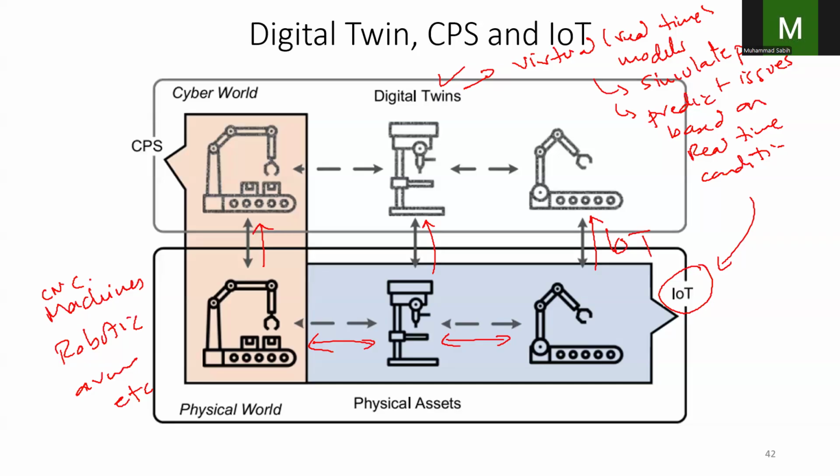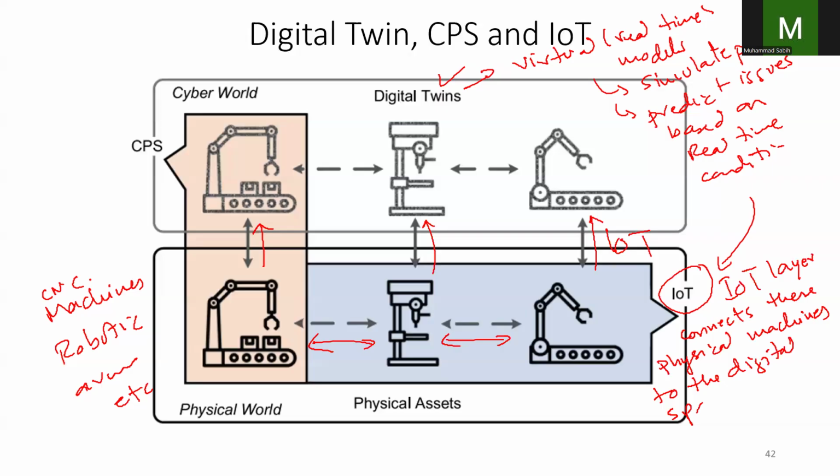The IoT layer connects these physical machines to the digital space. Sensors, actuators, and connectivity protocols send data from machines to their digital counterparts.